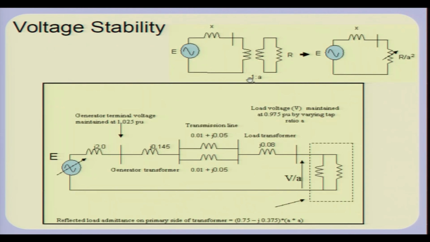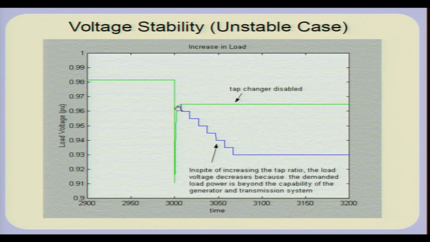So, remember that an increase in the tap of A effectively reduces the reflected resistance seen on this side. So, in fact, a tap changer action may cause worsening of the situation, that is, every time a tap acts, in spite of increasing the tap ratio, the load voltage decreases because the demanded load power is beyond the capability of the generator and transmission system.